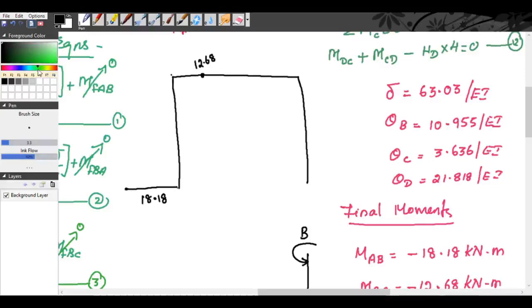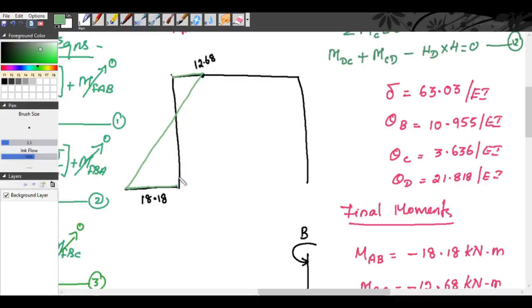Now we will join these both. So for this span AB, our bending moment diagram will be, sorry. Oh, it is difficult to draw. Okay.